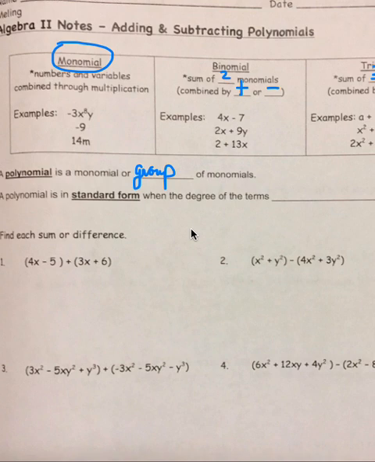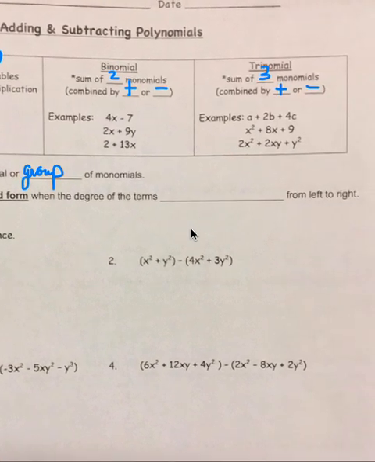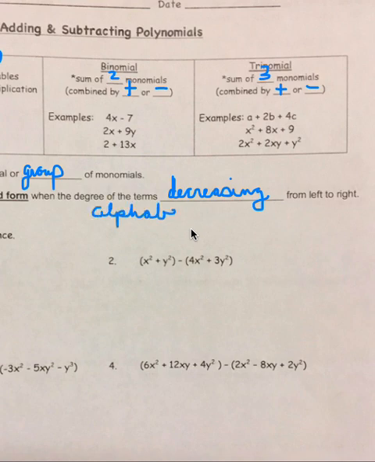A polynomial is in standard form when the degree of the terms is decreasing from left to right. So it decreases from left to right. Also, it must be in alphabetical order.